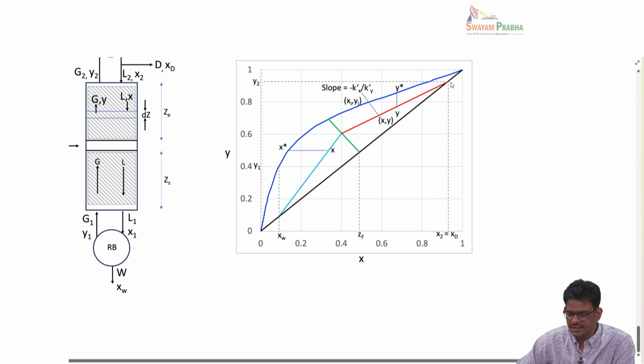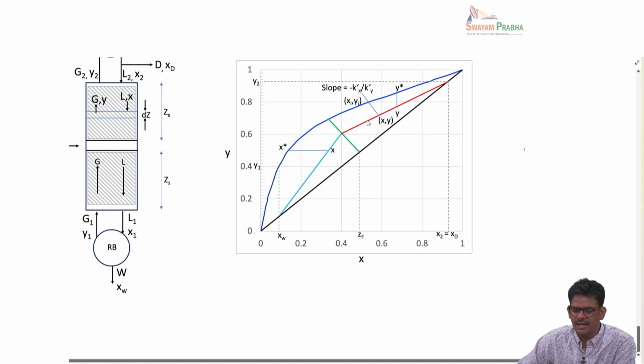You can see that the distillate composition xD is the beginning of the enriching operating line, and the green line here is the feed line, the q line, and the light blue line here is the operating line for the exhausting or stripping section. And this exhausting line cuts the 45-degree line at the residue composition xW. So xW, zF, xD, these are all compositions of the product and feed. And the q line is the intersection of the two operating lines.